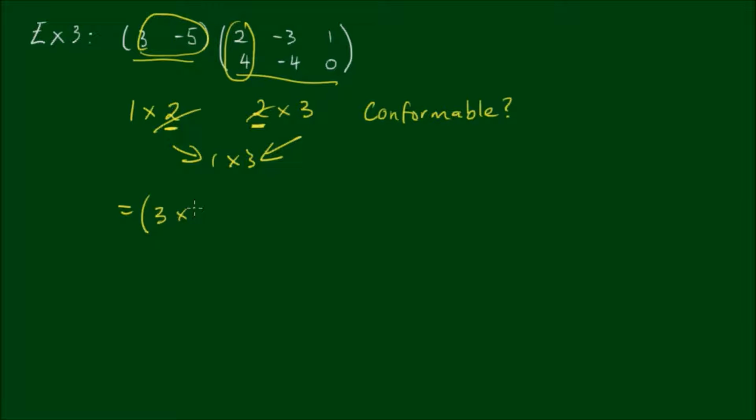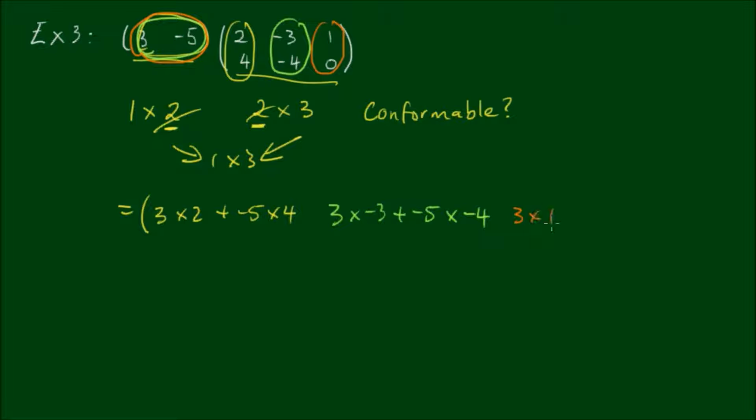So 3 times 2 plus -5 times 4. Again, row by column. 3 times -3 plus -5 times -4. And once again, row by column. 3 times 1 plus -5 times 0.